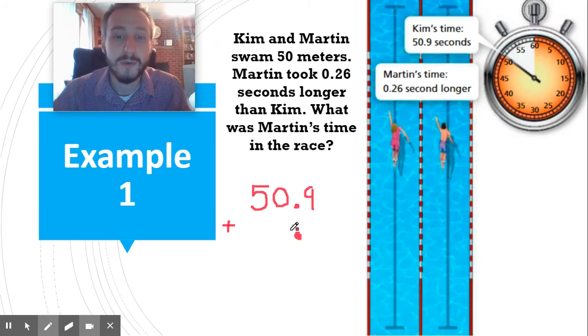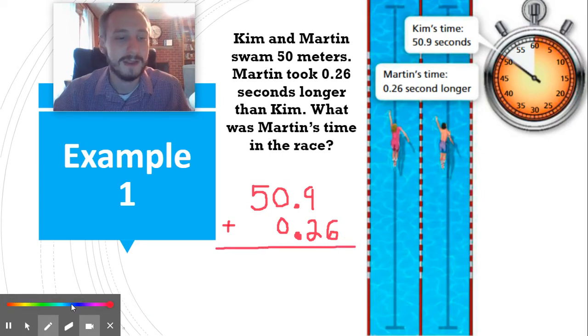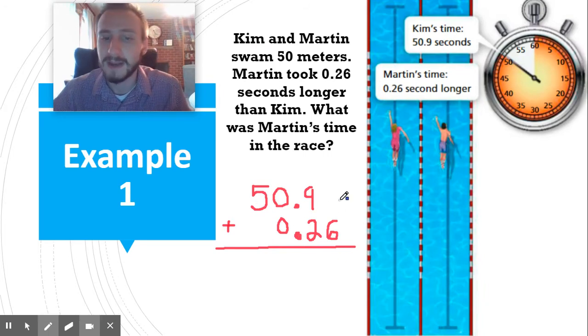So 0.26, my decimals are lined up. We want to write 0.26. And I know it looks weird, but we're going to fill in the gaps to hopefully make a little bit more sense for you. So now that my decimals are lined up, my numbers are set up, you see these blank spaces?